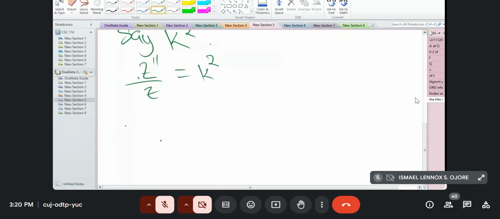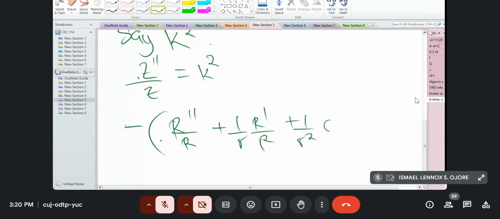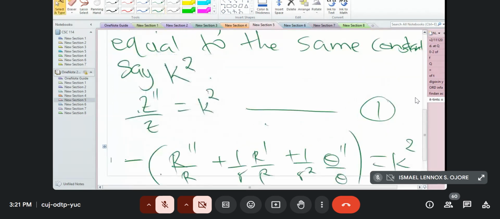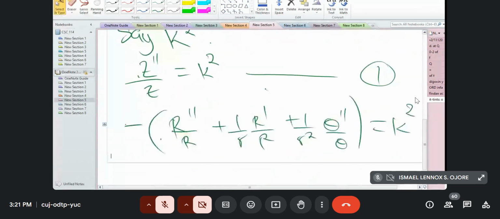The other equation is minus R double prime over R plus 1 over r R prime over R plus 1 over r squared Theta double prime over Theta, which is also equal to k squared. We label this equation 1 and the second one equation 2.